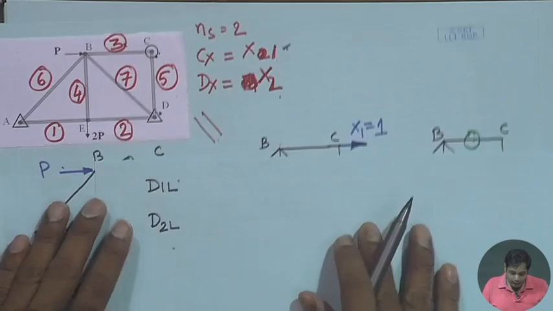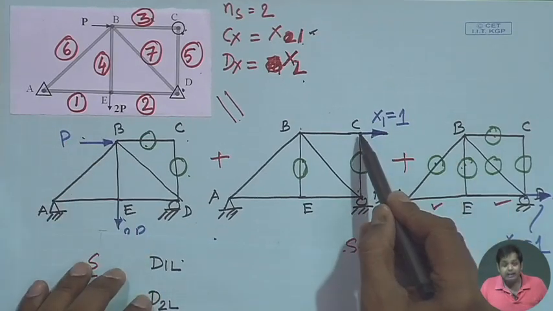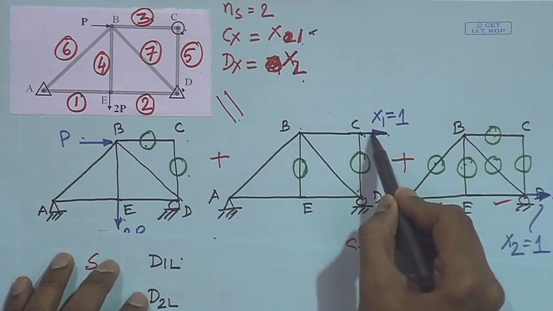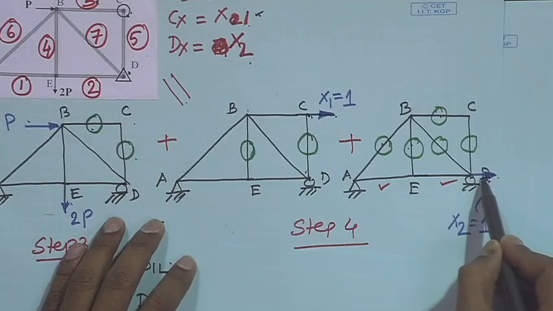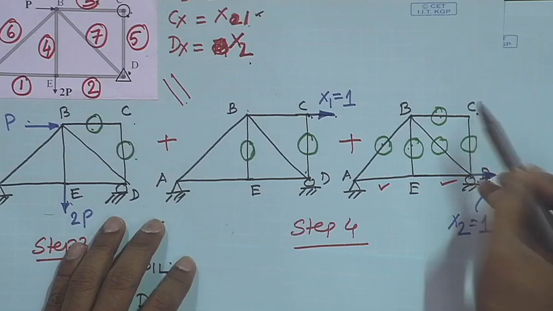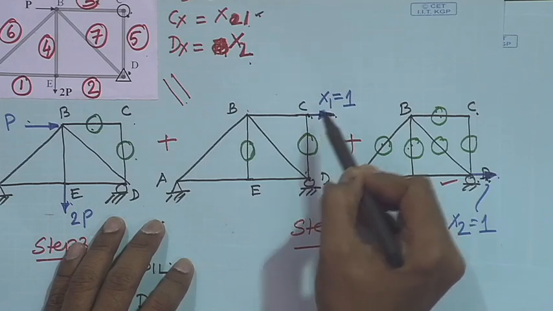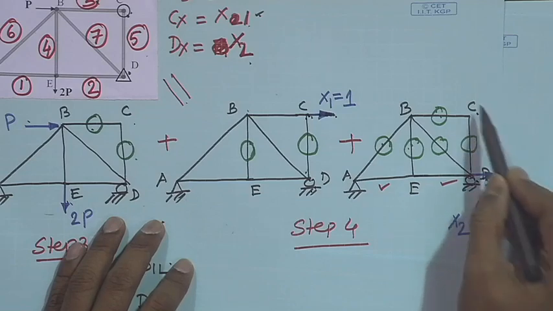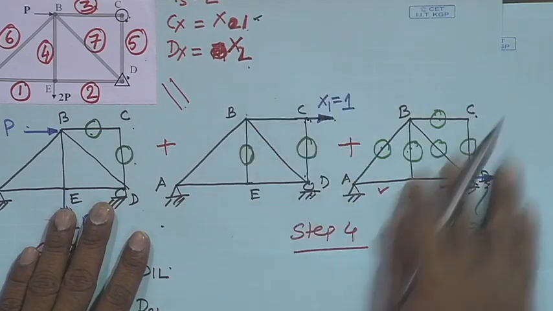Now, when we apply a unit load at C, this will cause displacement at C and also at D. Similarly, when we apply a unit load at D, this will cause displacement at D and also at point C. So, the first redundant will cause displacement at C and at D, and the second redundant also will cause displacement at D and at C. Then what is the total displacement at C due to the redundant forces?